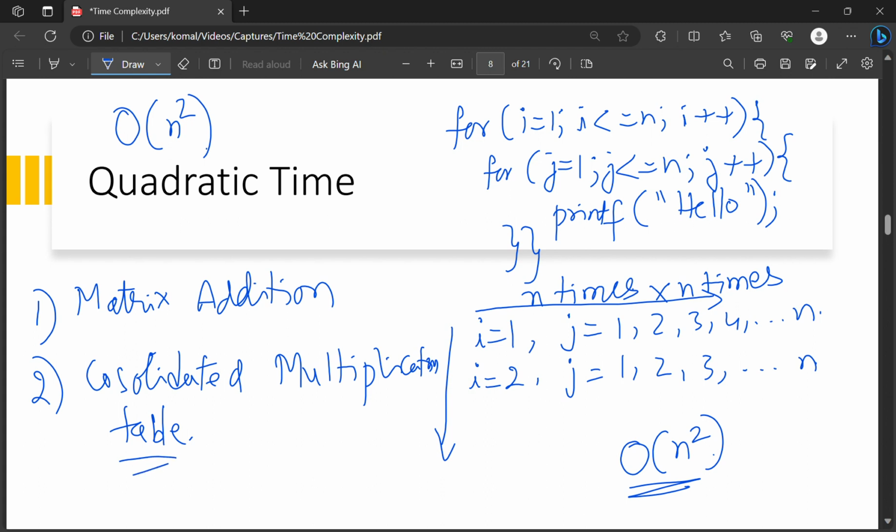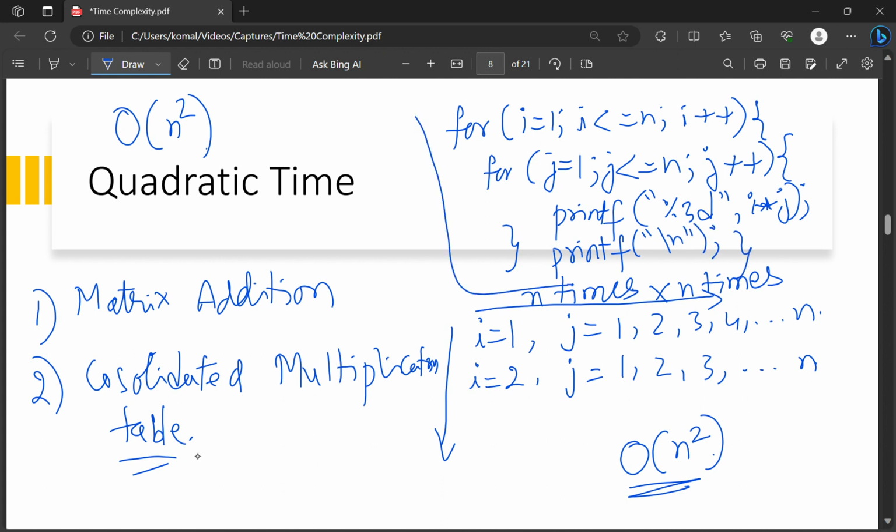Consolidated multiplication table can be printed like this. printf %3d, comma, i multiplied by j. After the j loop, print one empty line, printf \n. That's all. This code will print the consolidated multiplication table. So this will also take big O of n square time.